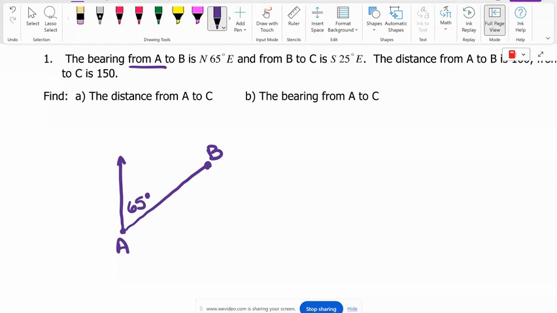Then it says from B to C. So wherever it says from, that's where we're starting. So from B to C is south 25 degrees east. So now we're going south. There's my reference, and east.